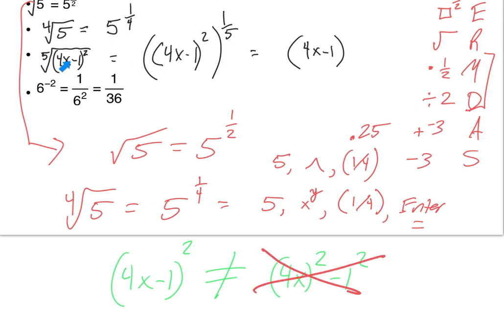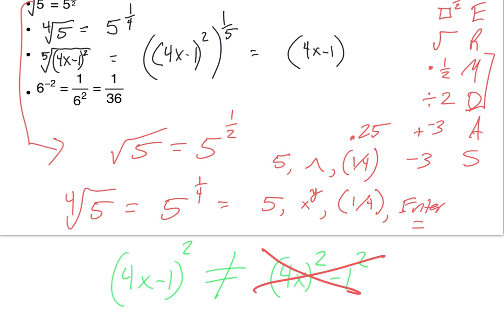So instead, I'll just rewrite 4x minus 1, quantity squared, as itself. The whole thing is the fifth root, so the whole thing is to the 1/5 power. Now I have a power, and the only thing outside of it is another power, so I have powers raised to powers.